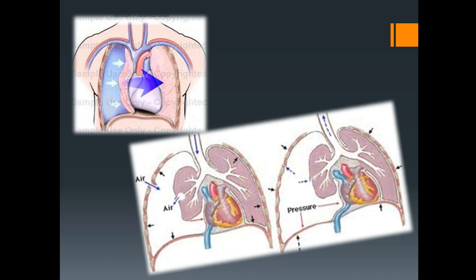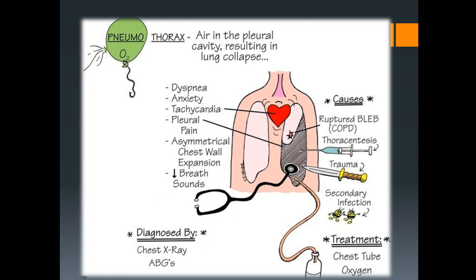If it is more than 25%, it may need tube thoracostomy. For an open pneumothorax, you should close the defect with Vaseline gauze, insert the tube in the defect itself, and send the patient to the specialized center.